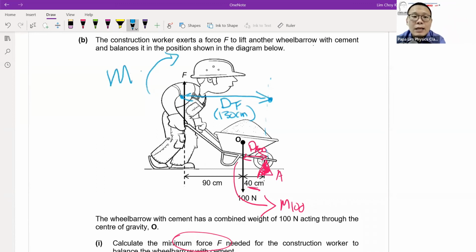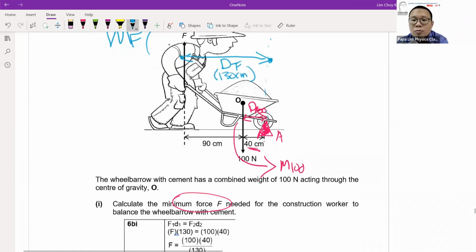I will label this as MF. If you look at the moments, you'll find that the two of them are balanced, which means my anti-clockwise moment M100 is balanced with my clockwise moment MF.